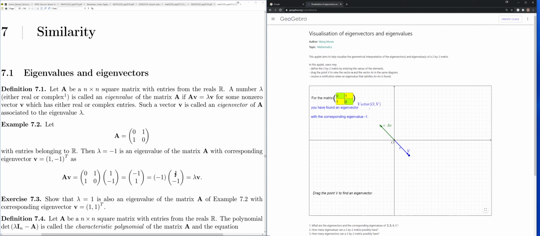Here this v is an eigenvector, and the associated eigenvalue is -1.